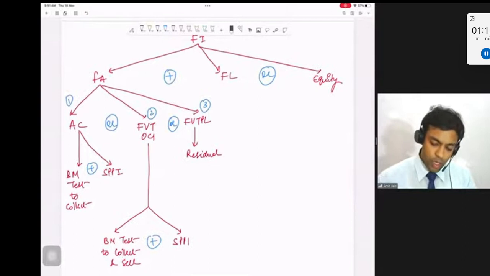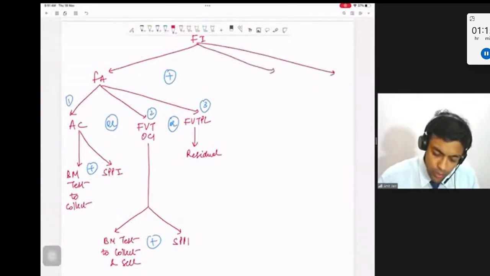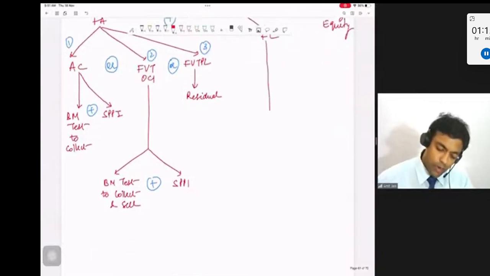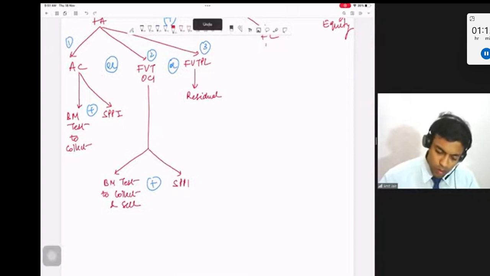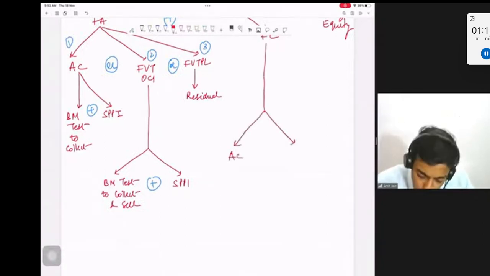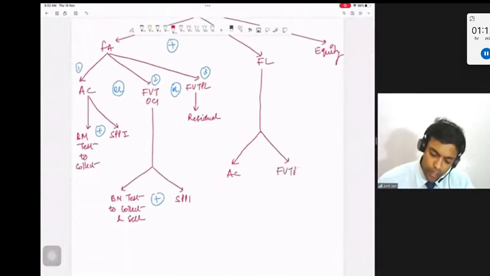Now let's prepare a chart for financial liability and equity. I need more space, that's why I'm changing the chart. Right? Financial liability, and this is my equity. Financial liability is again divided into two categories. One is amortized cost, and the second one is FVTPL.